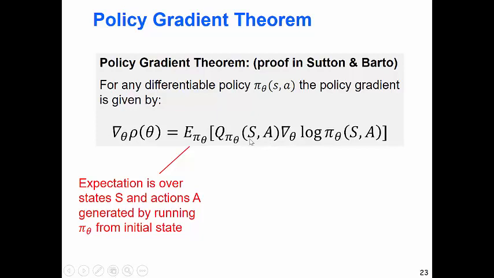These random variables are distributed according to the distribution of states and actions that you see if you run the policy over and over and over. So it's an expectation over the state-action pairs that you see when you run the policy. Does that make sense? This is just how we denote the expectation, and it's with the current policy; we're trying to compute the gradient of the current policy.